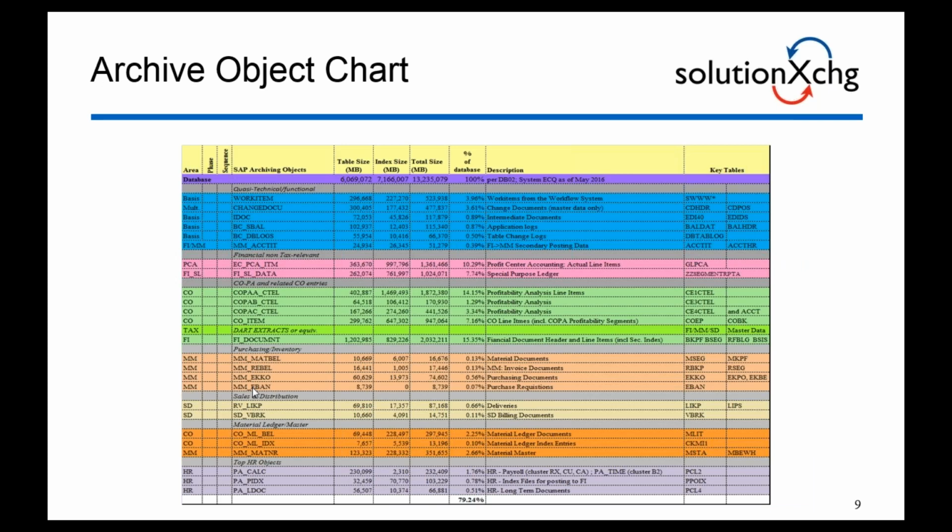This is an example of the archive object chart, one of the deliverables that comes after an archive assessment. It's broken out by area. In this case, these are your quasi-technical objects. And then we look at financial, non-tax relevant data, because again, if you're starting a project, you may not have a tax audit solution in place.